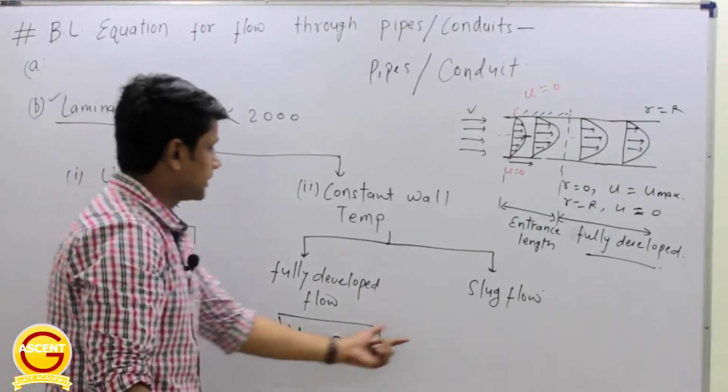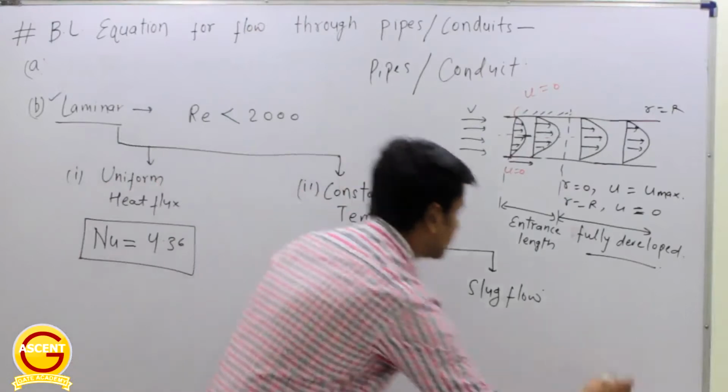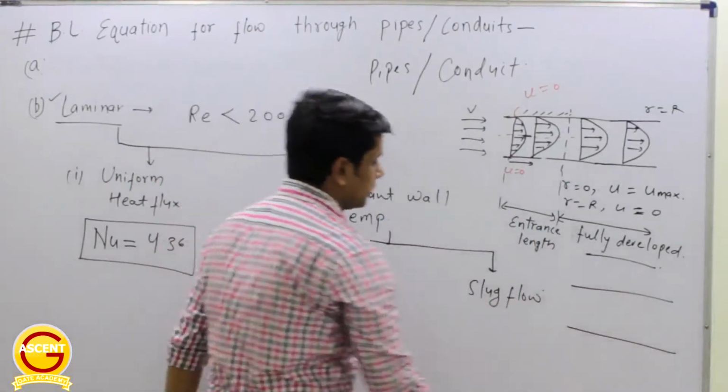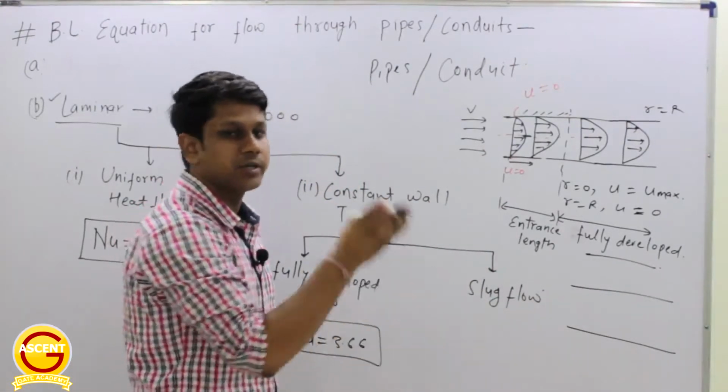Okay. Now the second case in constant wall temperature is slug flow. What happens in slug flow is there is a flat velocity profile, or we are not considering the variation of velocity with respect to radius.